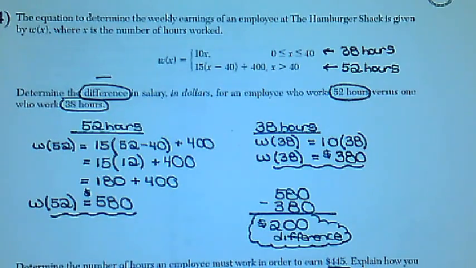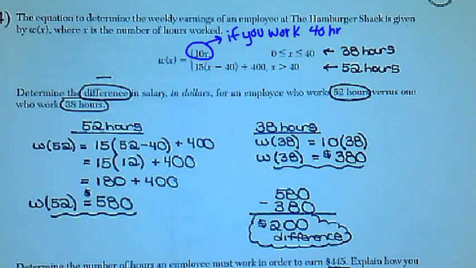We need to determine the difference in salary in dollars for an employee who works 52 hours versus one who works 38. Basically, all this is showing you is, you use this function if you work 40 hours or less. So you use this equation if you're working 40 hours or less.